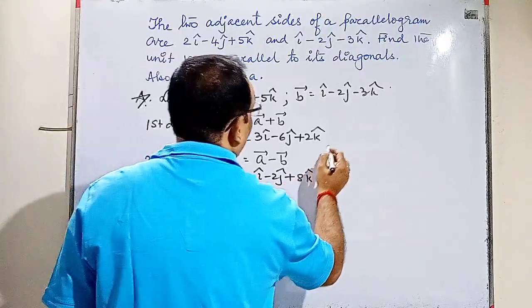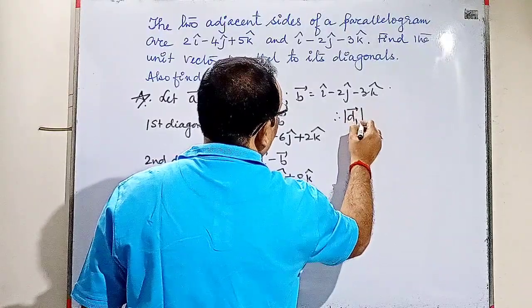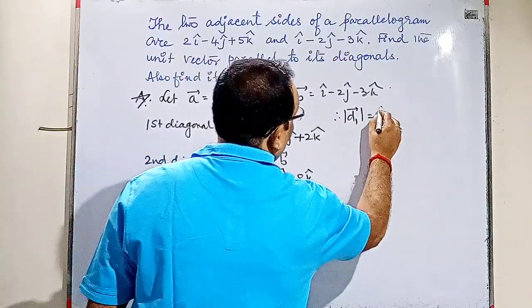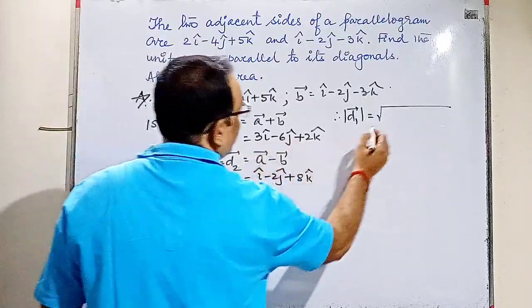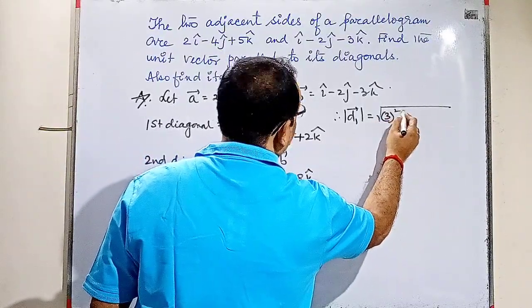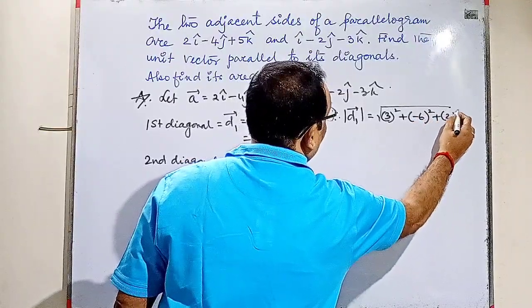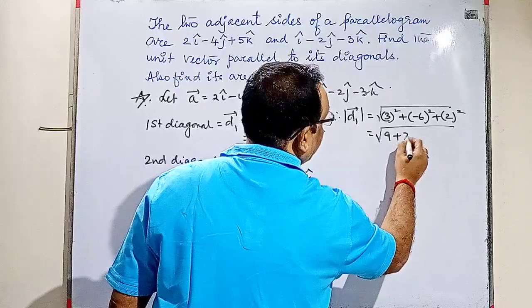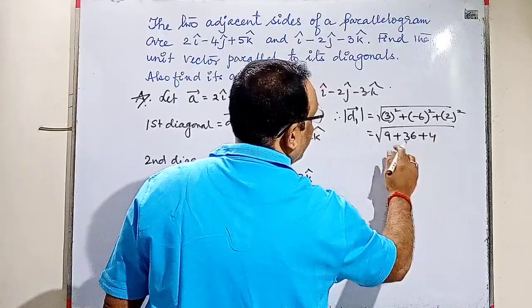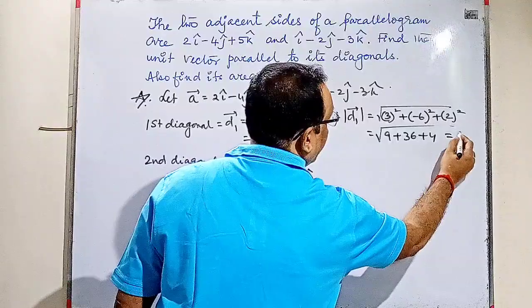If I find the modulus of this vector D1, that will give me the magnitude, root over the sum of the coefficients squared. So this will be 3 squared plus minus 6 squared plus 2 squared. 3 squared is 9, plus 36, plus 4. So that will be 36, 45, 49. Root of 49 is 7.